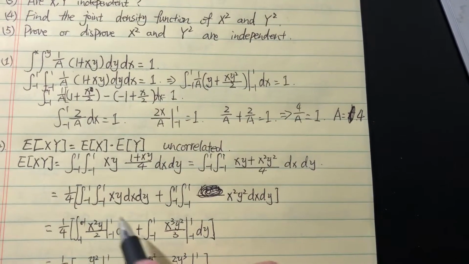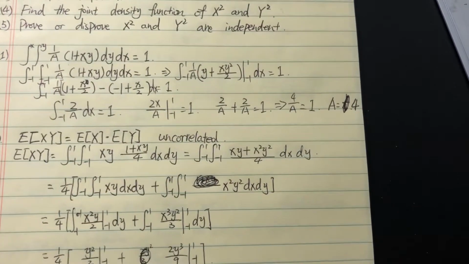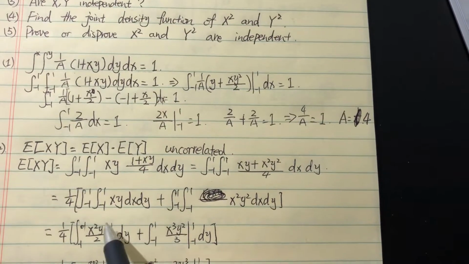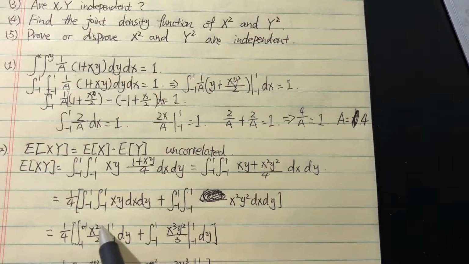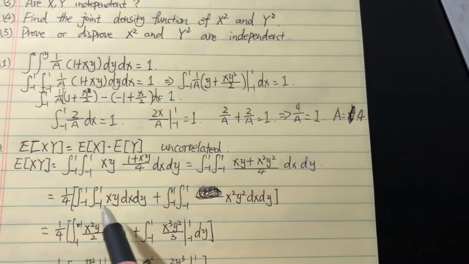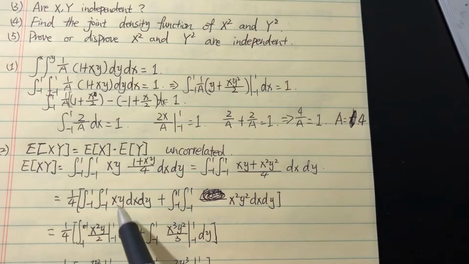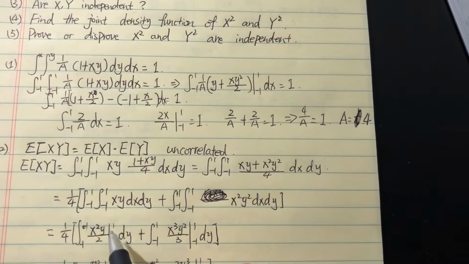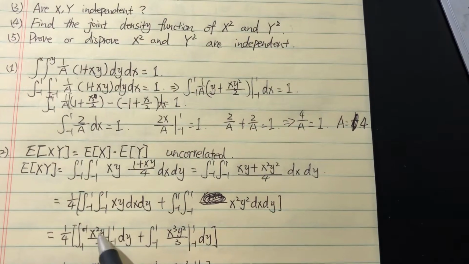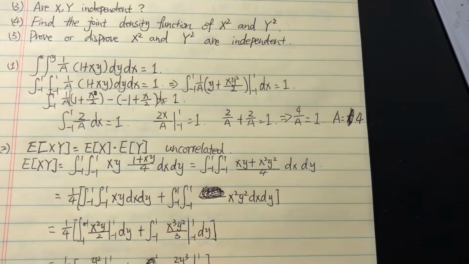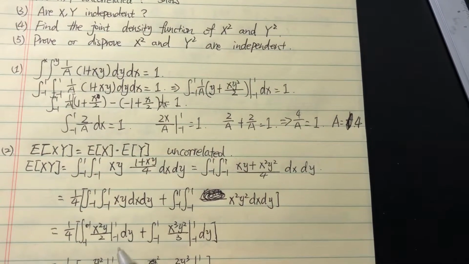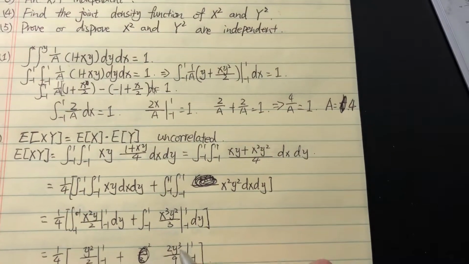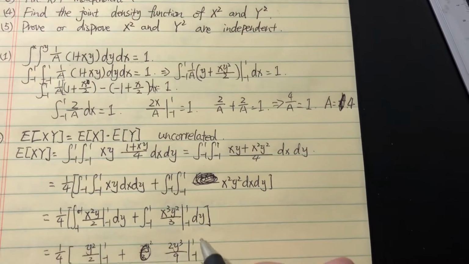The first part gives y over 2 minus minus y over 2, so it is y, and the integral of y is y squared over 2 in the range of -1 to 1, and the second part is 2 times y to the power of 3 divided by 9 in the range of -1 to 1.